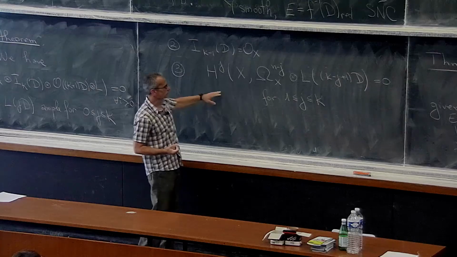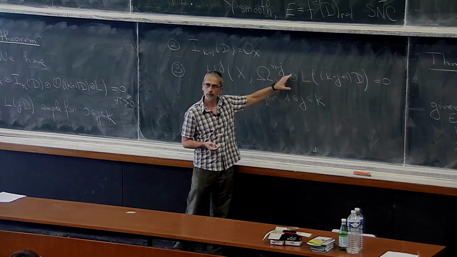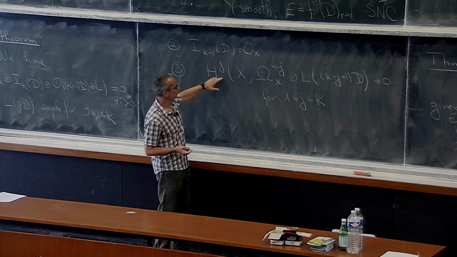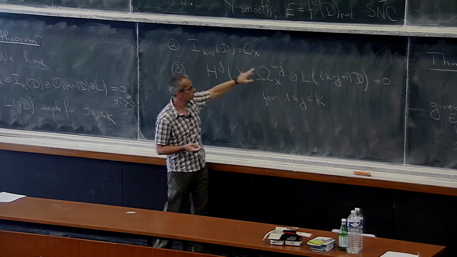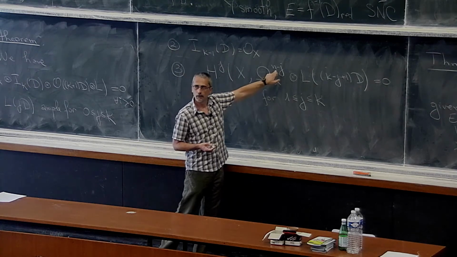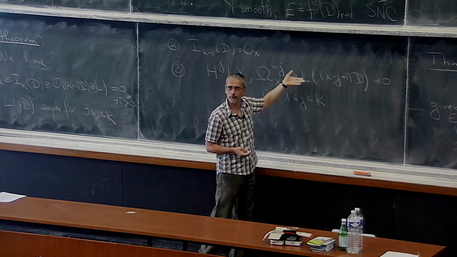So what's the problem here? Of course, in the case of Nadel, when k is 0, this condition does not show up. But otherwise, you need some vanishing in a range where Akizuki-Nakano does not apply, because the sum of the exponents is equal to the dimension. So this does not come for free. You need to know something a priori.